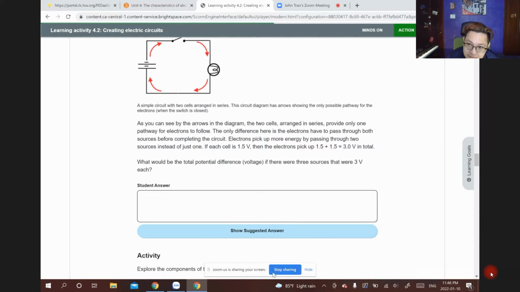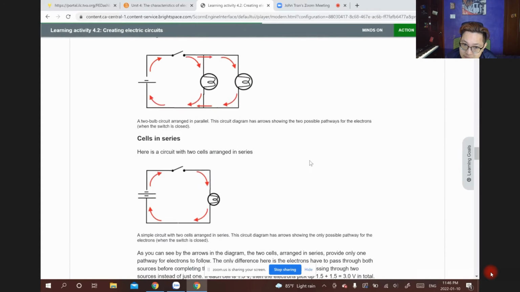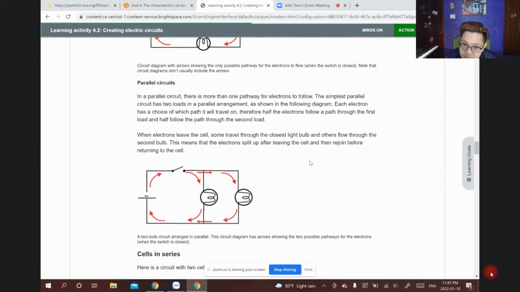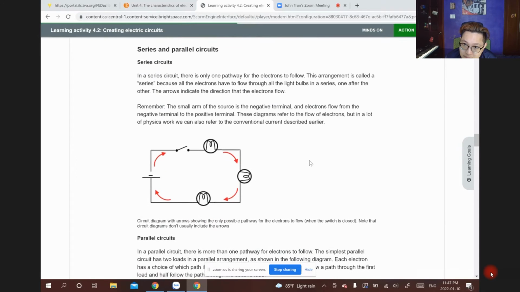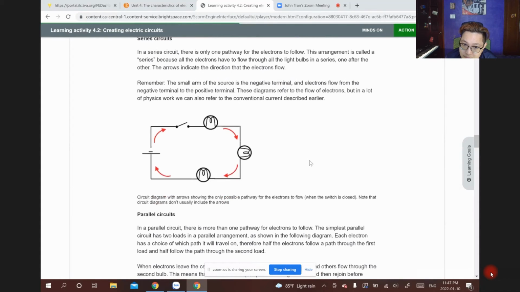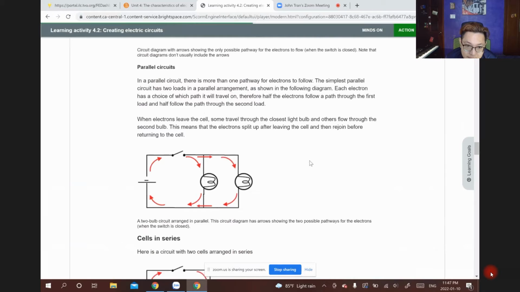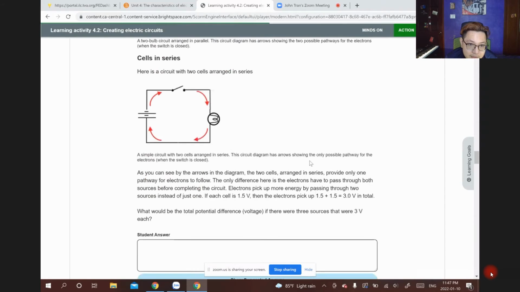So what's the total? No, it's not there. It's just cells in series.